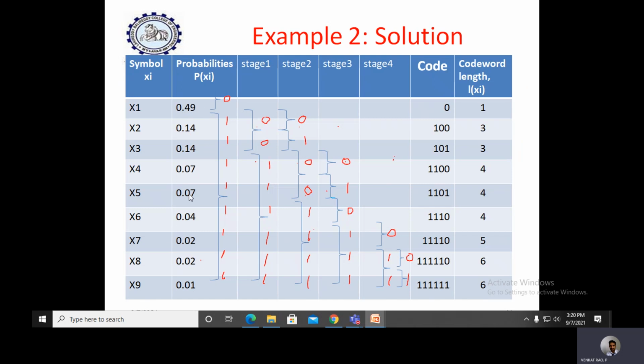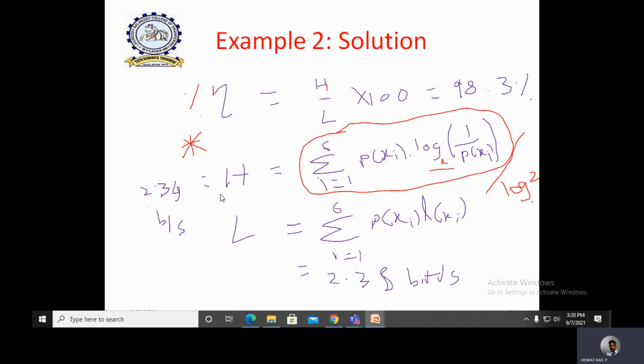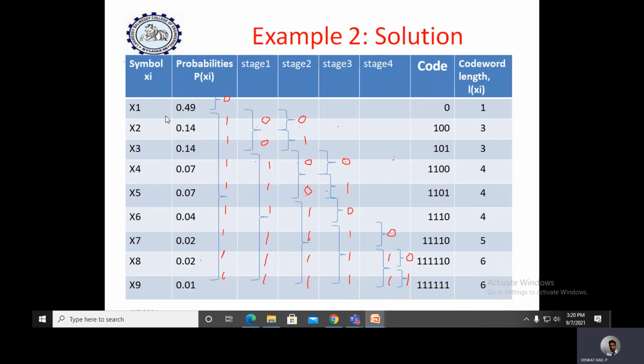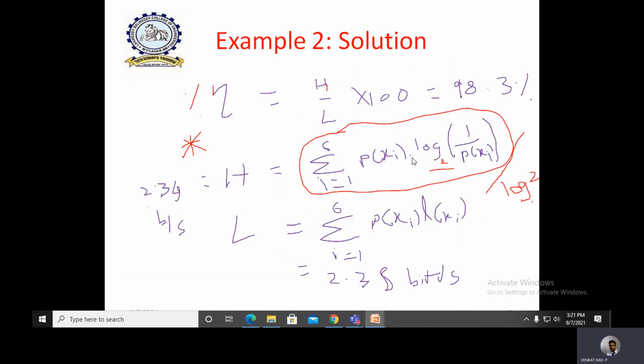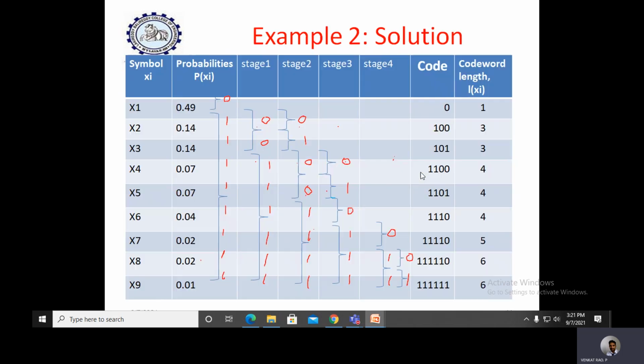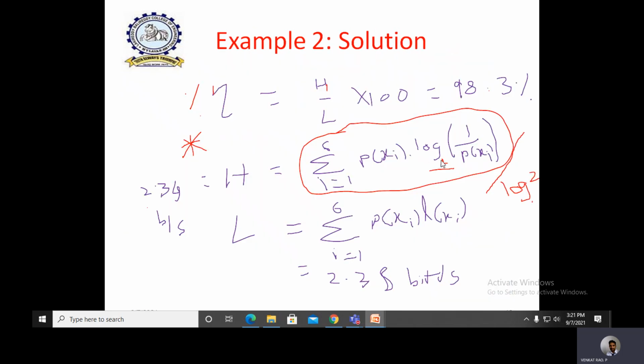There are 9 values, so all 9 must be added. For example, 0.49 into log of 1 by 0.49 plus 0.14 into log of 1 by 0.14, and so on. That addition must be done for i equal to 1 to 9.